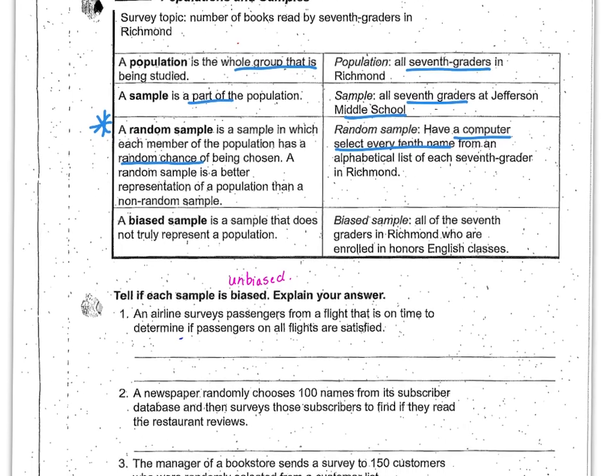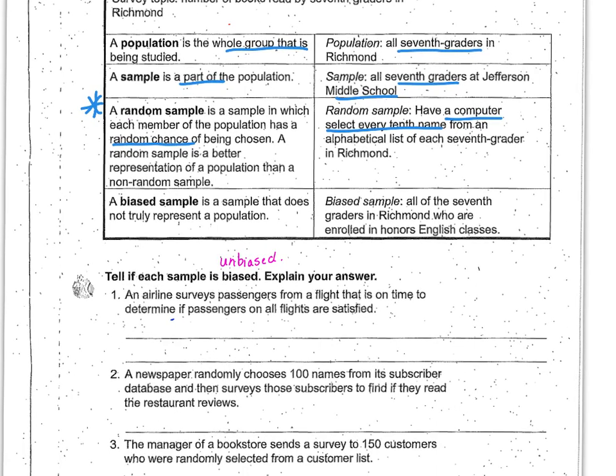Okay, so then we have what's called a biased sample. That is a sample that does not truly represent the population. So if I stood outside a Justin Bieber concert and asked them who their favorite singer was, you think that's going to be biased? I would think so, because if I'm outside the Biebs concert, everybody coming out is going to say that they like the Biebs.